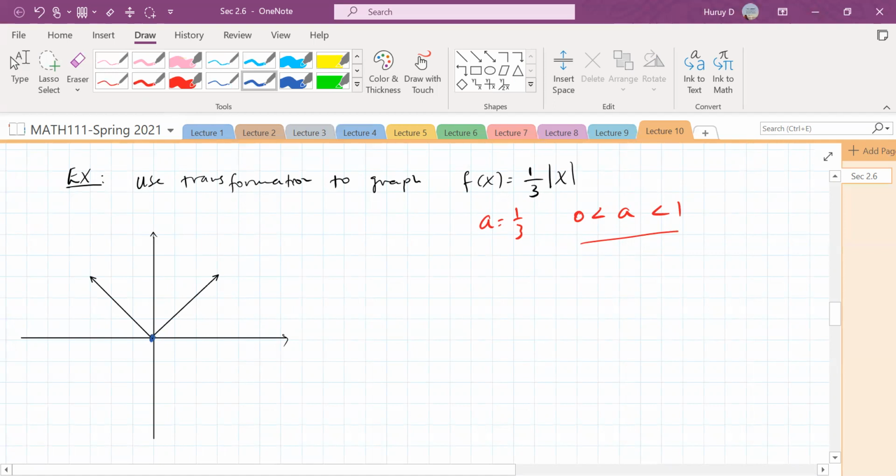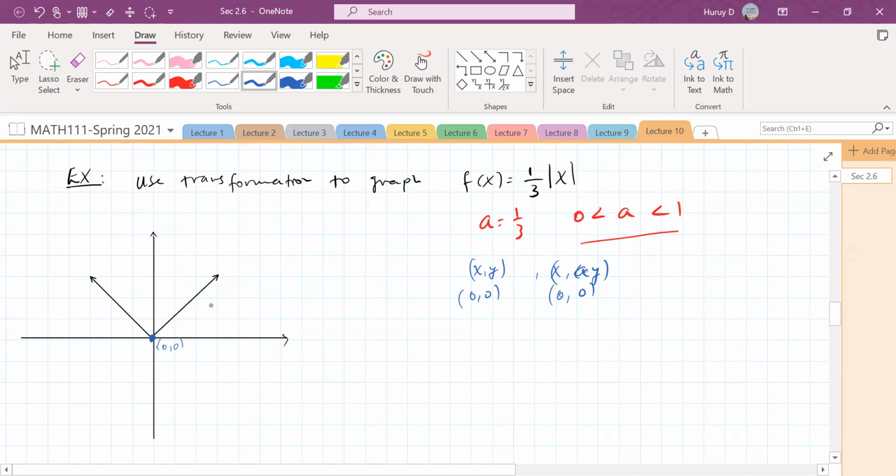Because remember, if x comma y is in this parent function, then x comma ay is in the new graph. So here we have 0, 0, and 0, 0 will still be 0, 0. It doesn't change.